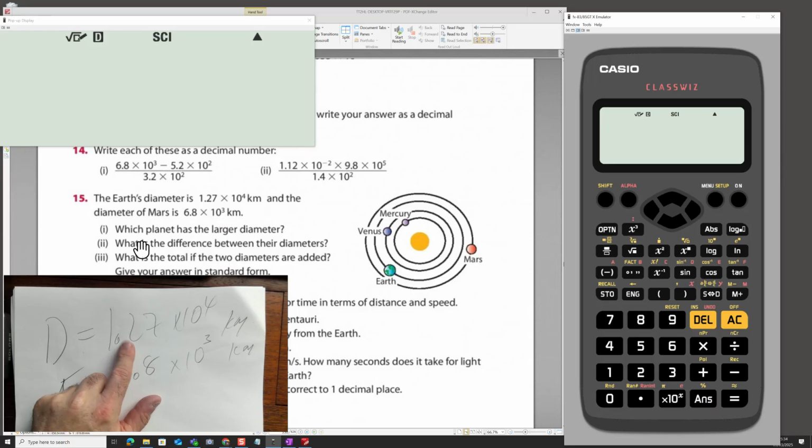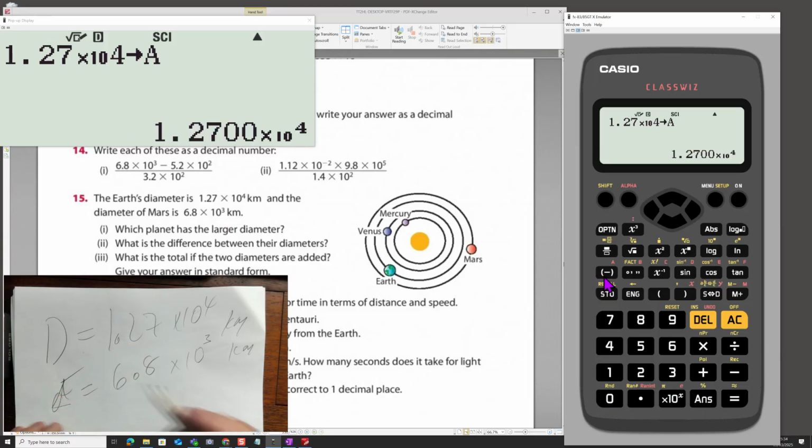So we'll start off with the top one, 1.27. What did I say? Even I can't remember. Scaled up by 10 to the 4. Okay, and you just store it. Actually, I'll just store it to A, so I'll make the first one A. Hit clear.